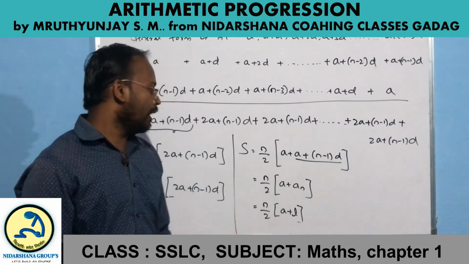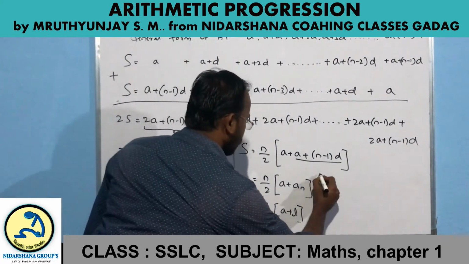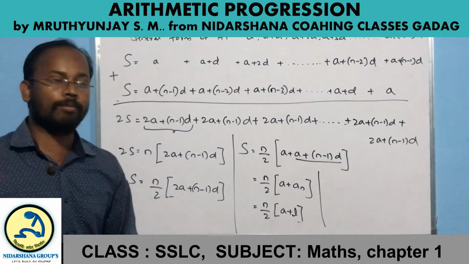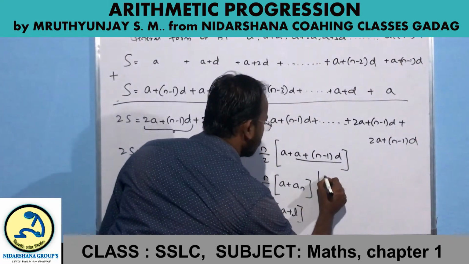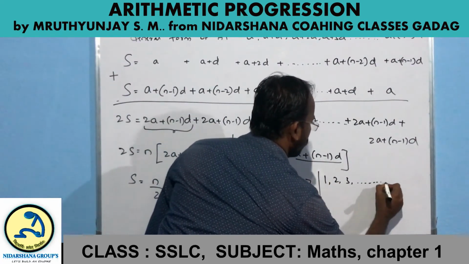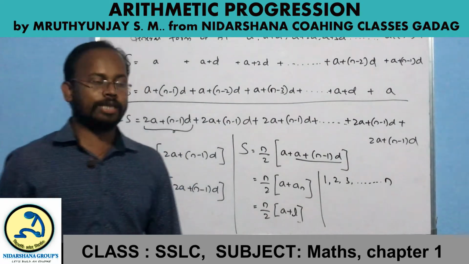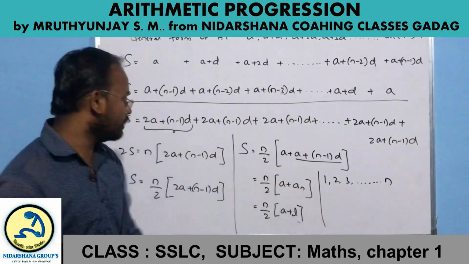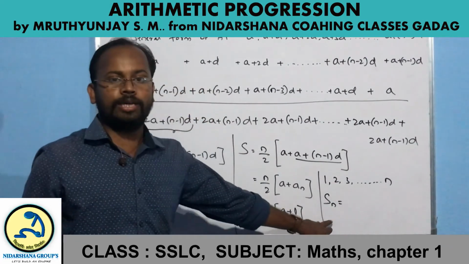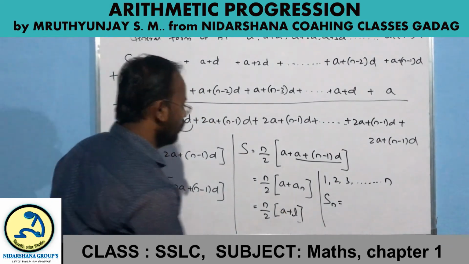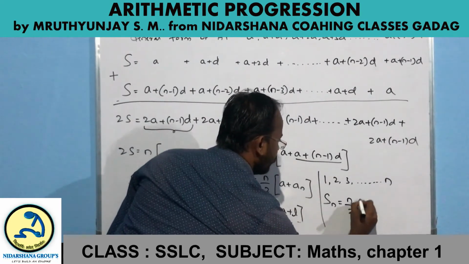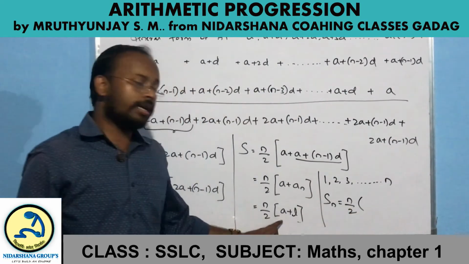Okay, and one more thing I will discuss here. If you have the sum of first n natural numbers, what are the first n natural numbers? 1, 2, 3, and so on up to n. We can get the formula for this: Sn is equal to, n is for first n terms, Sn is equal to, we know how many terms are there? n terms are there, n divided by 2 into, what is a here?